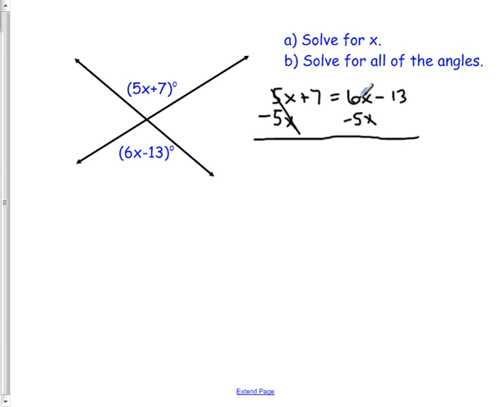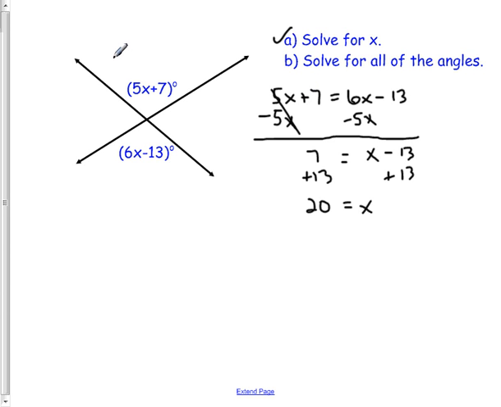These get canceled out. 6x minus 5x, we get 1x. And then we want to get x by itself, so we'll do plus 13 to both sides, and we get 20 equals x. Okay, so we solve for x. We got the first part done. Now we got to figure out all of the angles.